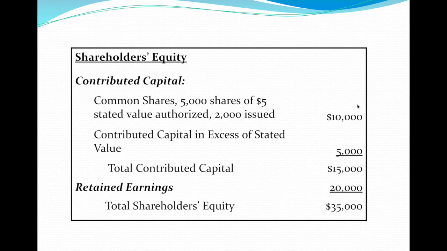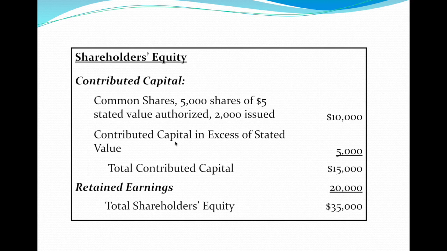The 10,000 consists of the $5,000 for the shares that were issued at the stated value of 5, and then the 5,000 from the shares that were issued at 10, even though their stated value was 5. So the stated value is what's aggregated in this amount here.